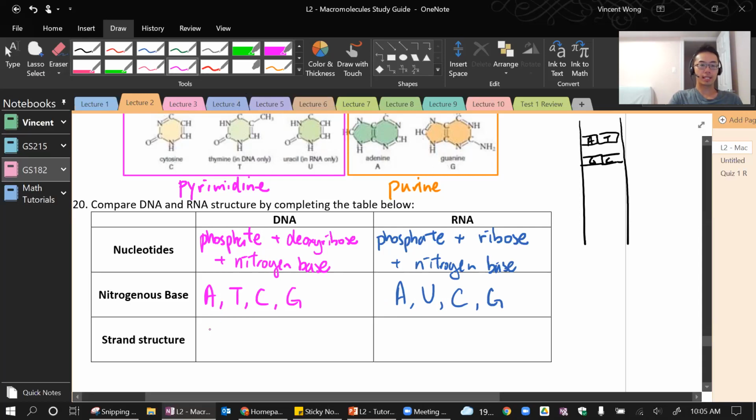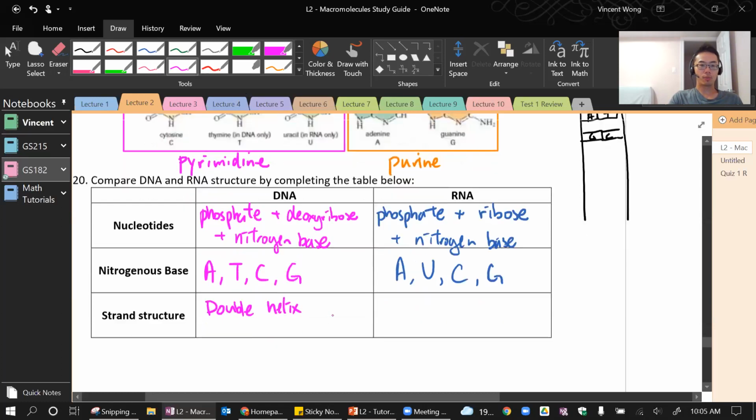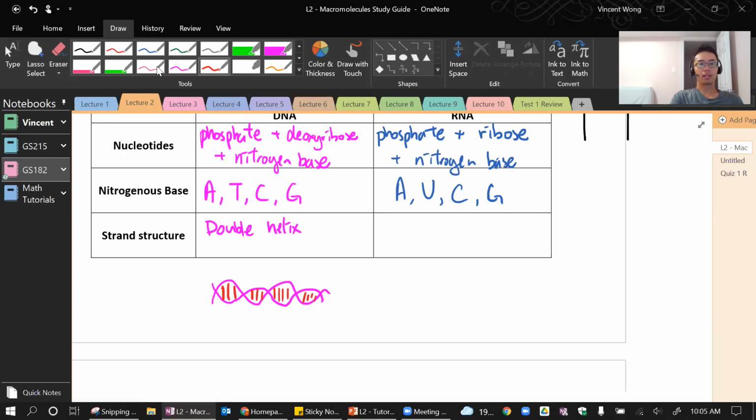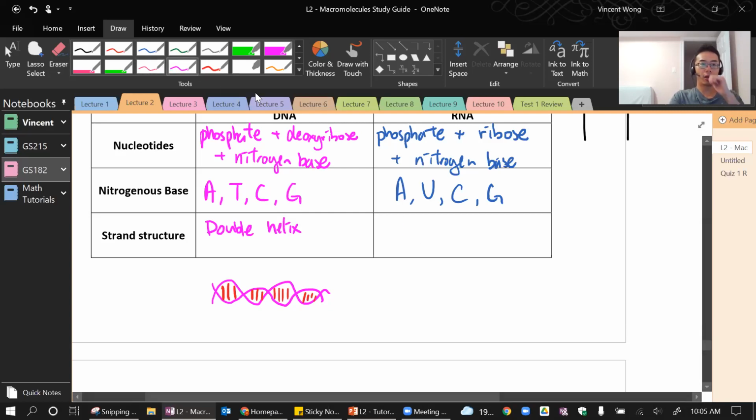Strand structure: DNA is a double helix, which is basically the generic thing that you see on TV, okay? And then you will have the base here in between. And for the RNA, it is single strand, which looks like this. Now it's possible for the single strand to fold up on itself.